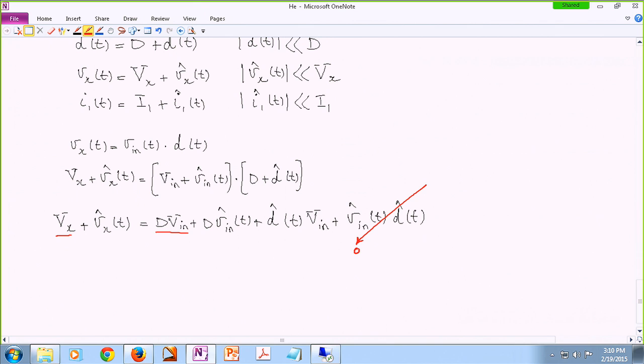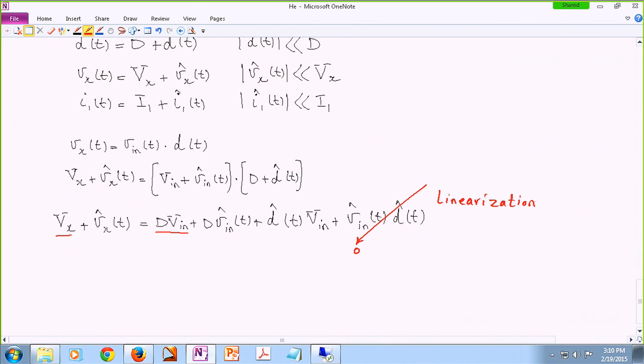So then you can actually eliminate that. This is actually kind of linearizing the system: when both perturbations, which are both small signal perturbations, are multiplied by each other, you assume they are basically 0.